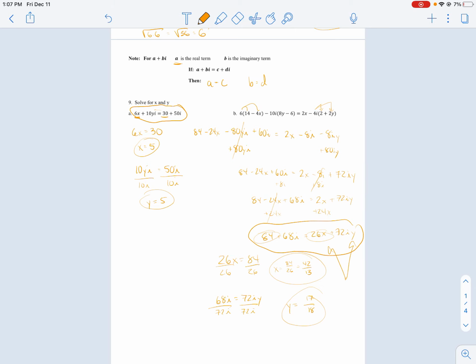So that's what you want to do first, and then you set the a terms, the a's equal to the c's. The ones that don't have the i's, you set equal to each other, and the ones that do have the i's, you set equal to each other in order to find those variables. So any questions on this, feel free to ask. Good luck, you guys, and your homework is all of the odd problems. Okay, good luck.